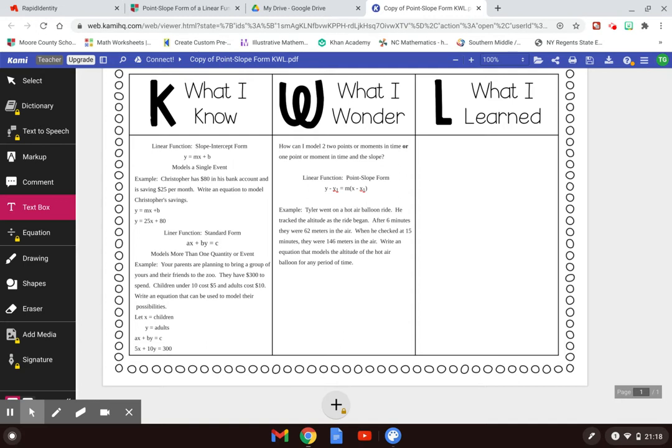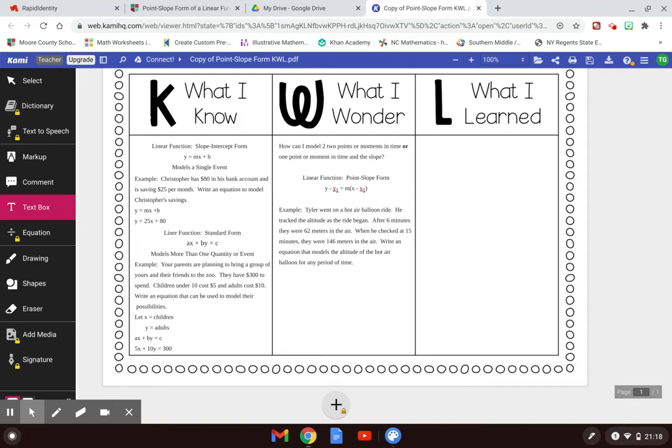And we're going to start off with what we already know about the two types of linear functions we've already studied. So we see here that we have the linear function in slope-intercept form, which is modeled as y equals mx plus b, and that models a single event.